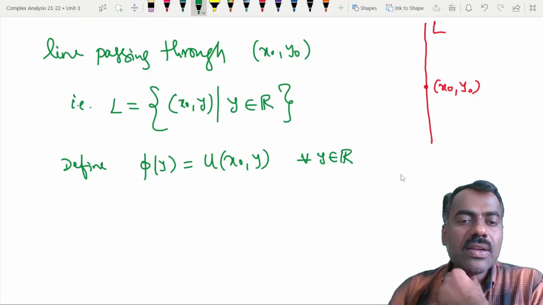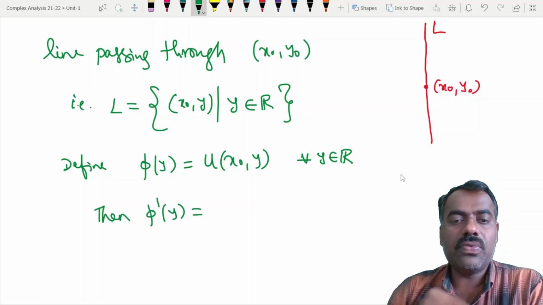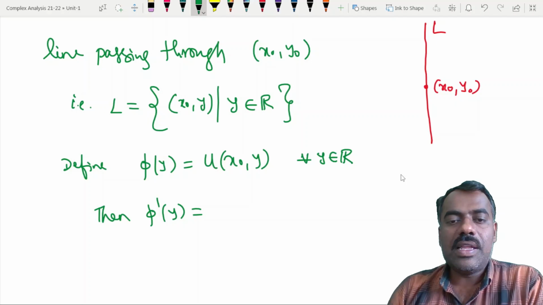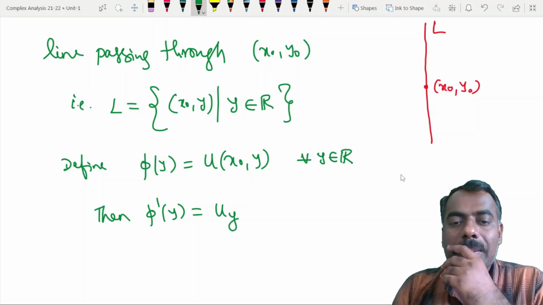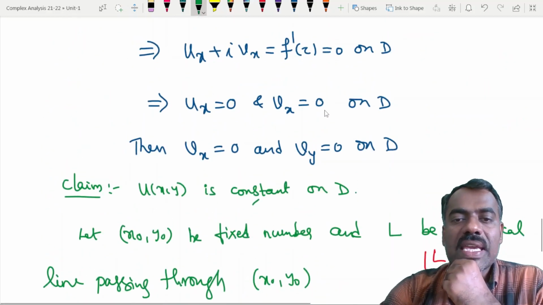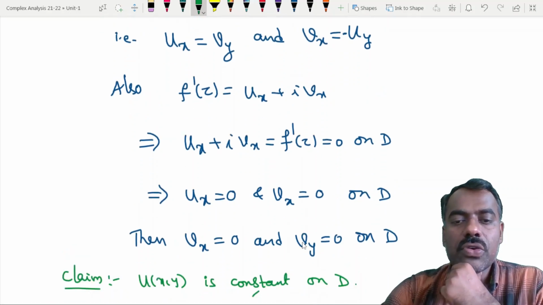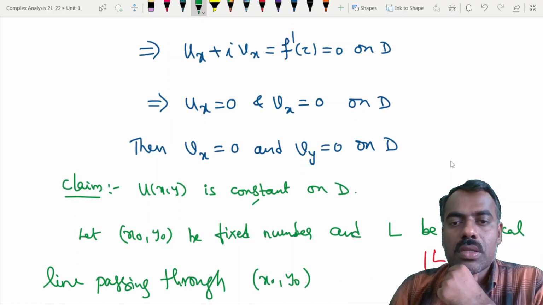Then what can you say about phi dash of y? Phi dash of y: this x naught is fixed and you are differentiating with respect to y, therefore it is the same as uy. But it is given that uy is 0.